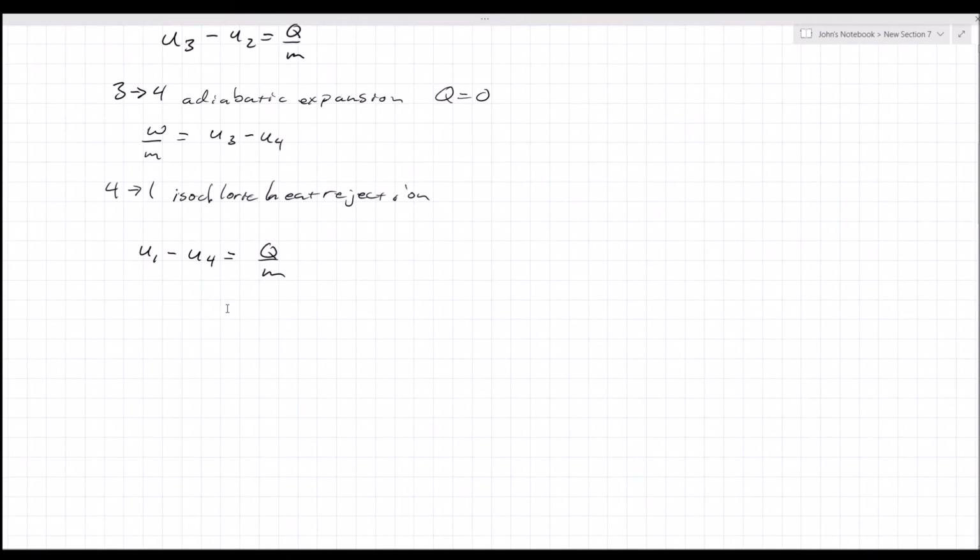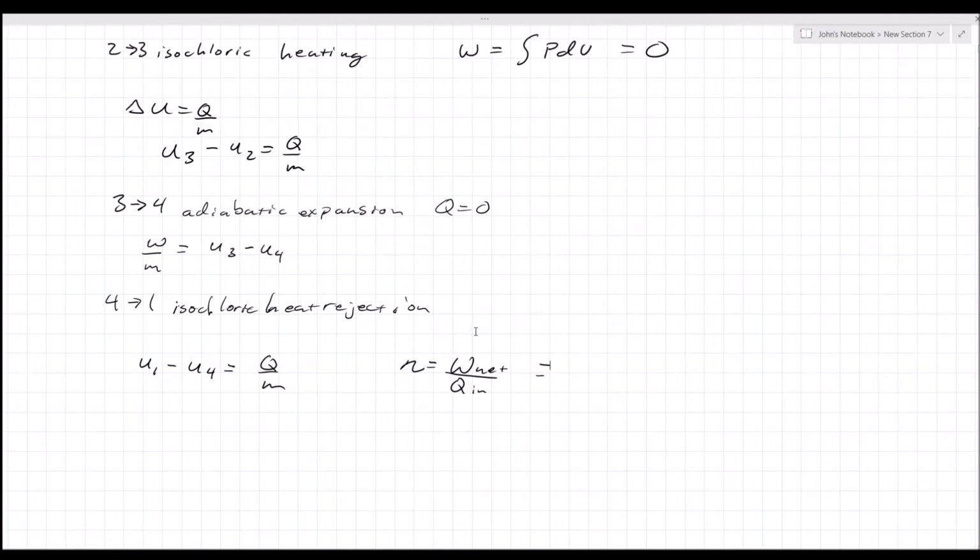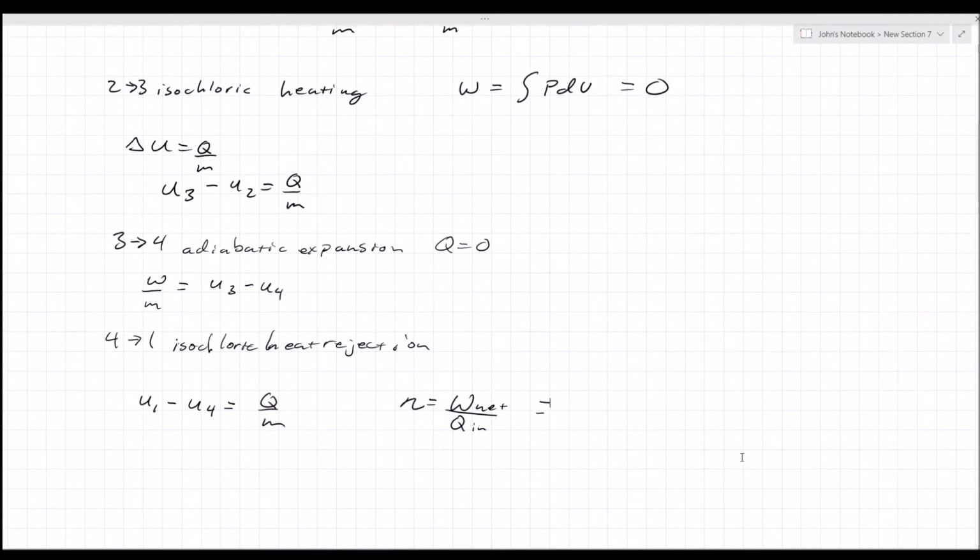Alright, so here is the first law applied to each step of our process, and then the efficiency is equal to the net work divided by Q in. If you recall, the net work is going to be the work you get out of it minus the work you put into it.